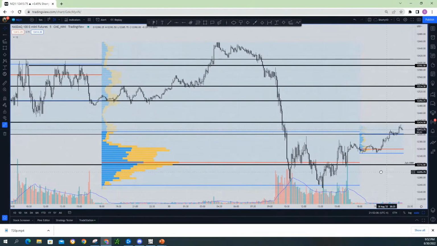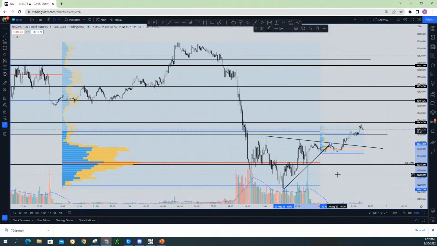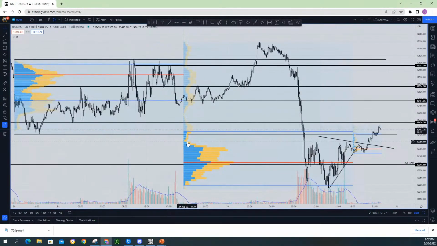You have a triangle, maybe a symmetrical triangle in this case, then a fake break, and pop. This shelf here is fairly large. You guys see it? This level here, 12,381, is a pretty big shelf, so that's a pretty good level to keep an eye on for NQ.